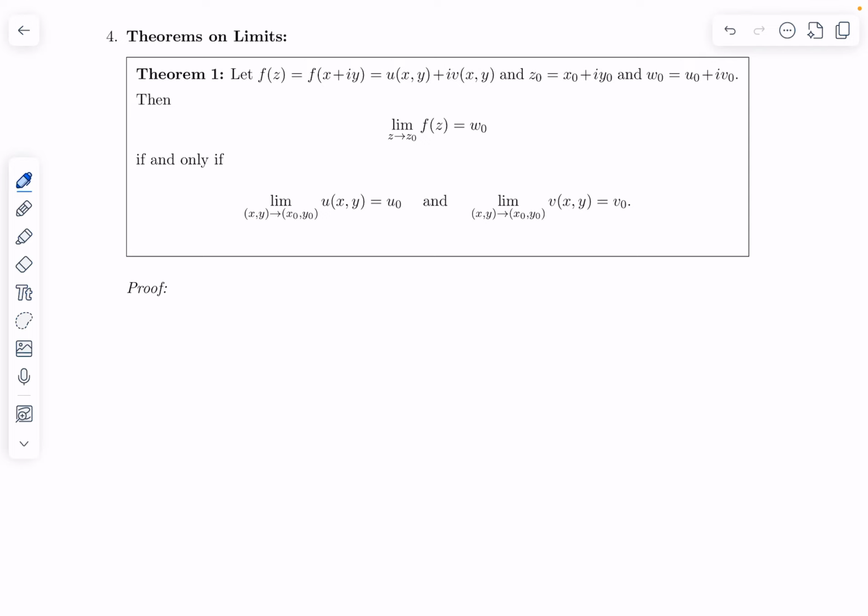We're going to have an input point z0, which is going to be x0 plus iy0, and then an output point w0, which is going to be u0 plus iv0.